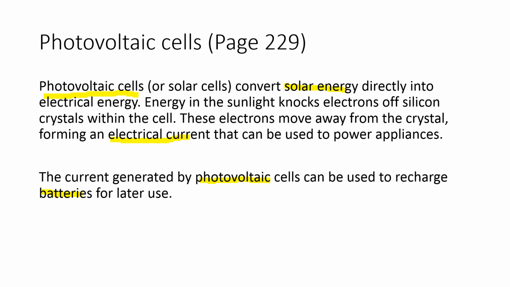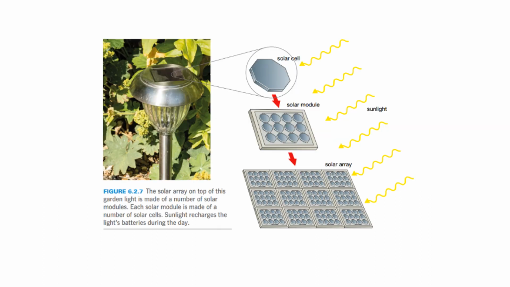If I move on to the next slide, which is the last slide, you can see that, let's say you have a garden light, the solar array. How it works: you have a solar cell, you have a solar module, you have a solar array. You have very tiny solar cells, and they convert sunlight energy into electrical energy.